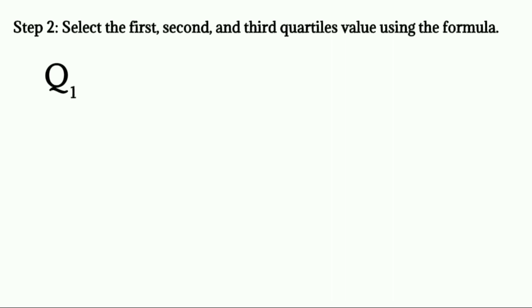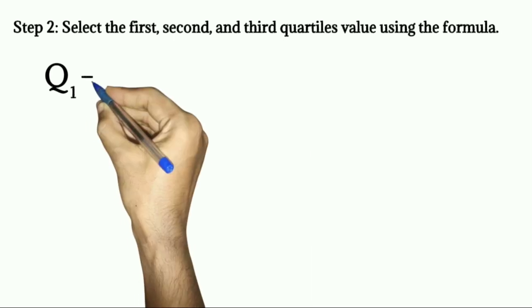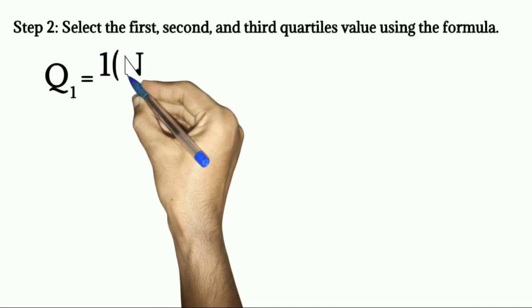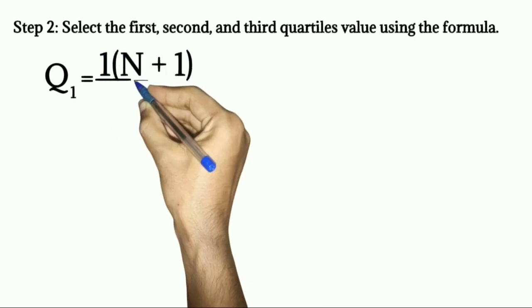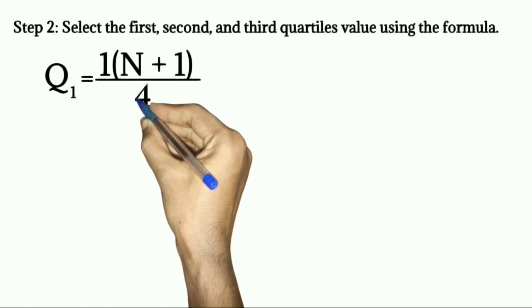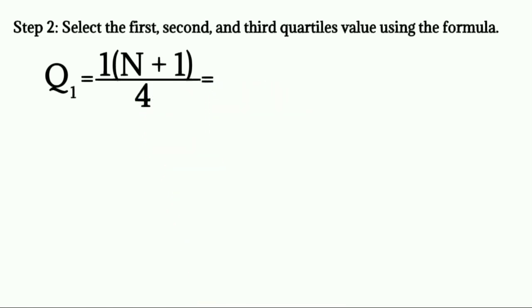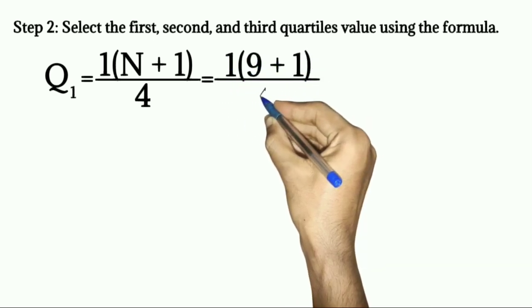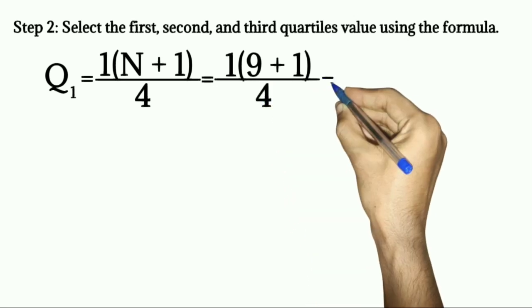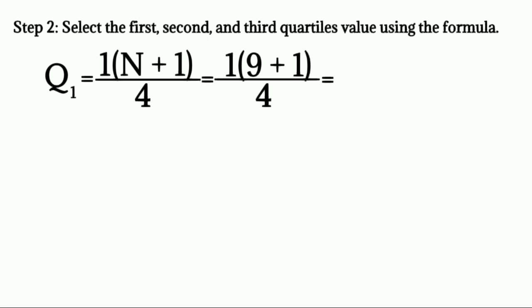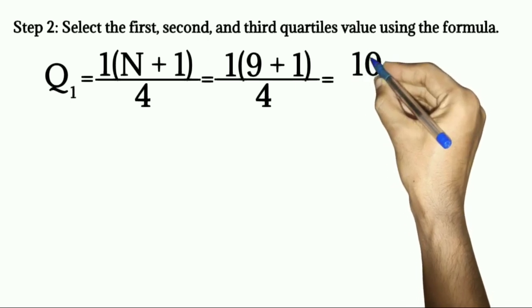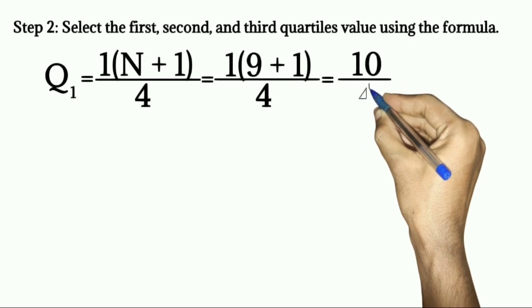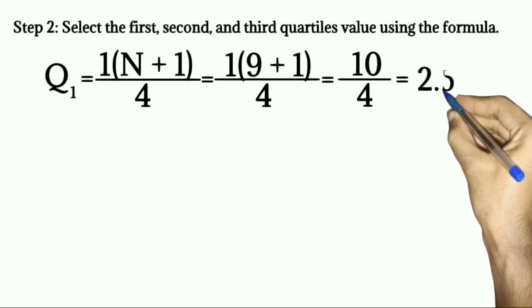And since there are 9 ages, the value of n is equal to 9. Therefore, the first quartile is equal to 1 times n plus 1 over 4. I-substitute lang natin yung value ng n. 1 times 9 plus 1 divided by 4. 9 plus 1, that is equal to 10, times 1, that is equal to 10. 10 divided by 4, that is equal to 2.5.